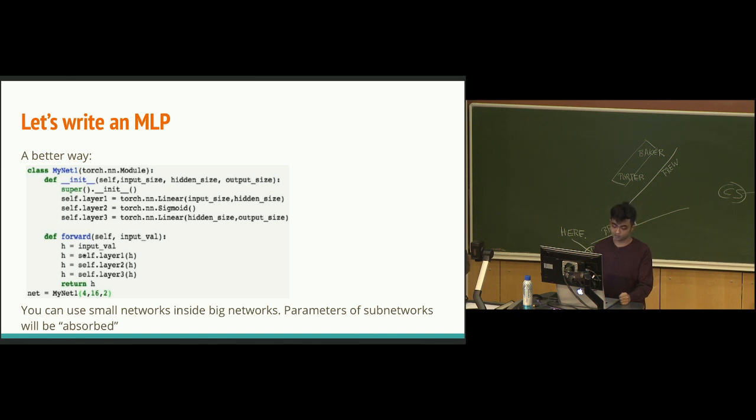So when you put a smaller nn.Module inside of another nn.Module, then all the parameters of that smaller network get absorbed into the bigger network. So if you actually look at the parameters of this neural network, it would contain the parameters of both the linear layers. And we will see why it's important when we actually optimize the neural network.